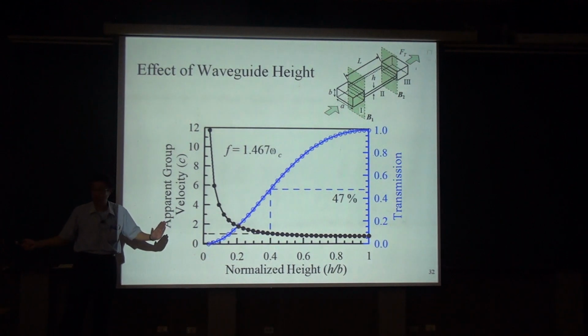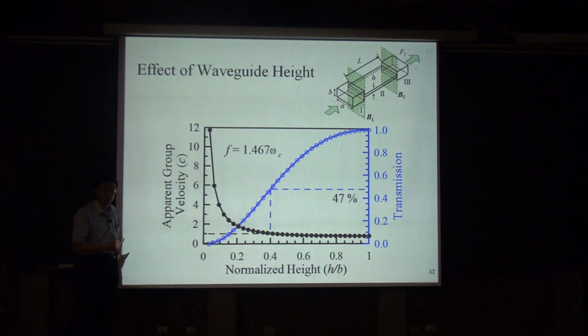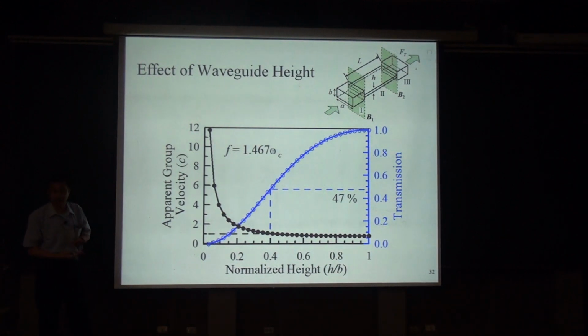Okay, reasonable. However, as we change the height of the waveguide, then the group velocity will be increased, but transmission will be decreased. Okay. We are operating close to these regions. 1, so the group velocity is about 4, roughly. 4 times the speed of light, 4 to 5 times the speed of light. So we can change the group velocity by changing the waveguide height, in this case.